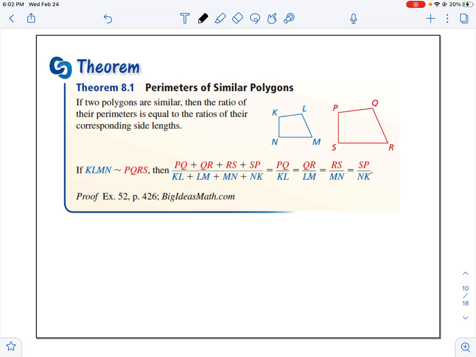So, what we know from this slide is something we're going to use a bunch when we're finding perimeters. And that's simply that the ratio of perimeter to perimeter equals side over side.